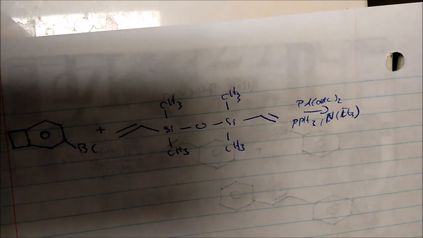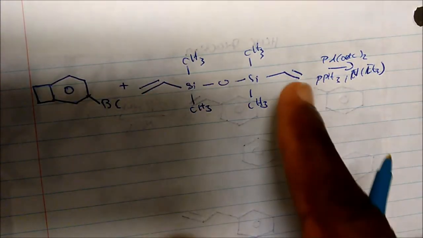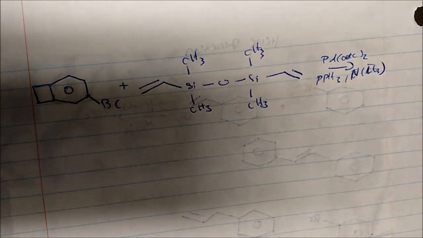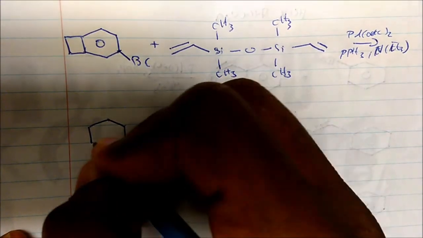Okay, what will be my product? Well, since we have two alkenes, you actually generate two carbocations. And so what you'll find out is that this will end up happening twice. So this will add twice. So the product of this reaction will look something like this.